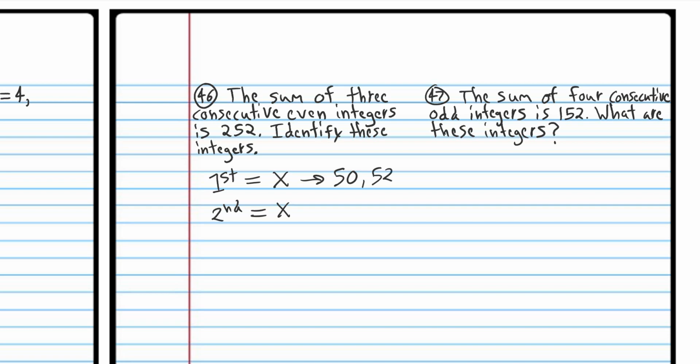Now the next number is obviously going to be 52, right? That means you have to take this first number and add 2 to get to the next even number. Then to get to the next number, you add 2 again, and you just keep adding 2 to get more and more consecutive numbers. So again, if the number is 50, you add 2 to get 52, then another 2 to get 54, and so on. So if the first number is x, then the second number is going to be x plus 2.